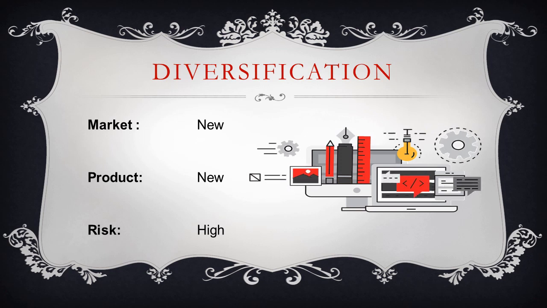We are trying to spread or diversify the risk through this strategy, so that if one of the products is going to fail in one of the markets, then that particular product can sustain itself in other markets as well. So we are exploring newer markets with newer products, as a result of which chances of our failure are going to be very low.